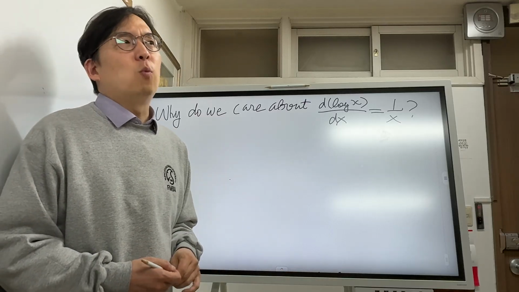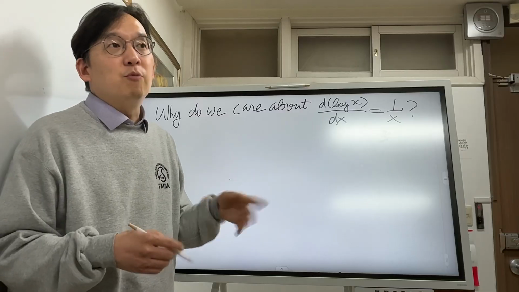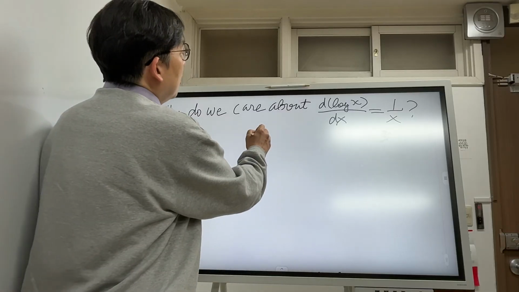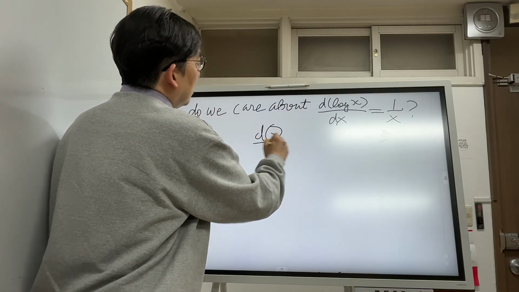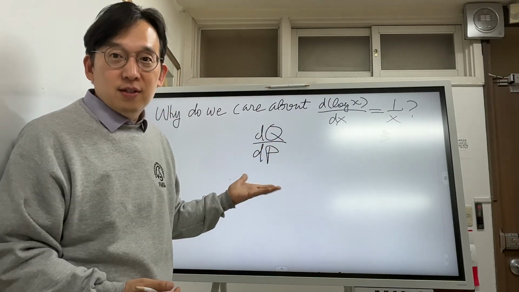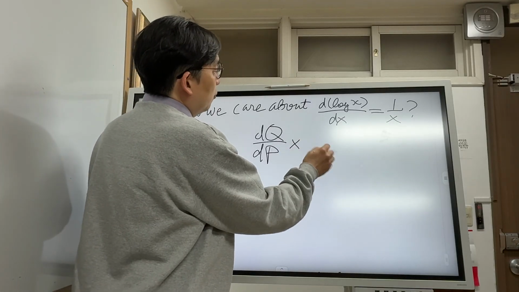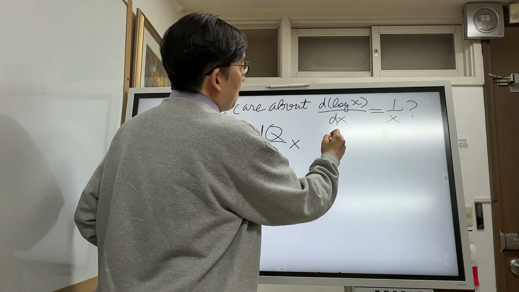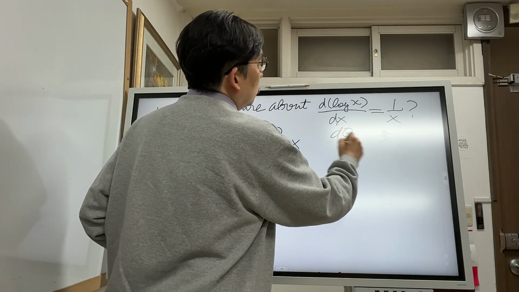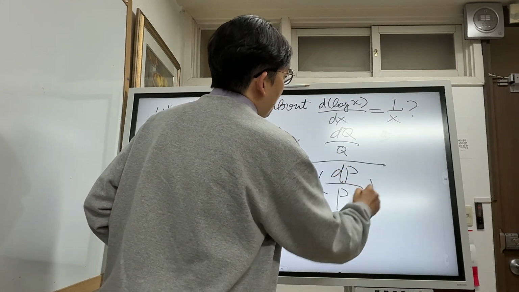But the question is, why don't we just use the first derivative of quantity with respect to price, for example, dQ over dP? Why don't we use it? This is just the first derivative. But instead, we use dq over q divided by dp over p.